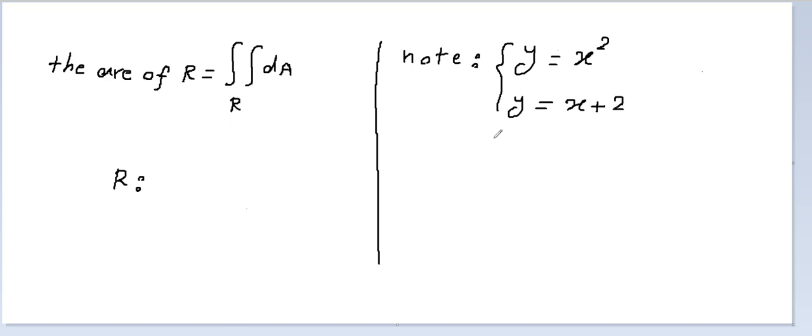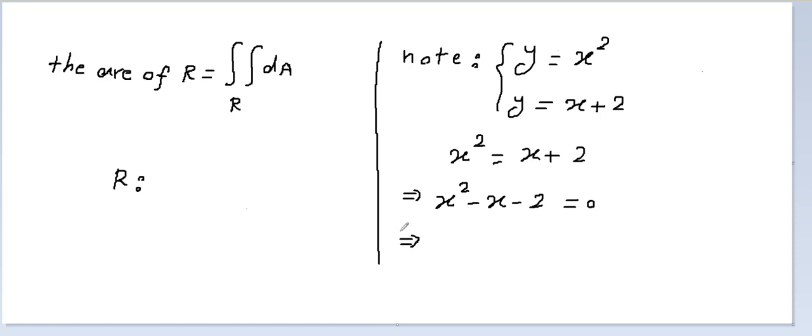It means simply you put x squared equals x plus 2 and solve this equation. It means you have x squared minus x minus 2 equals 0.